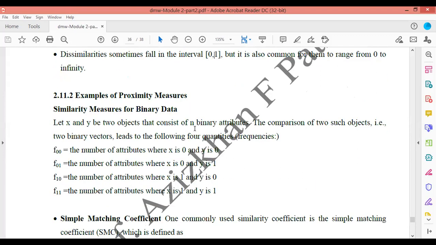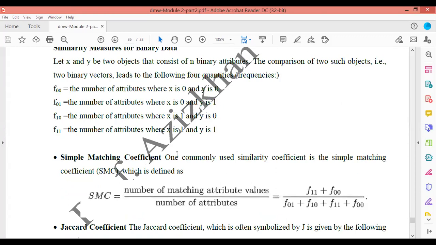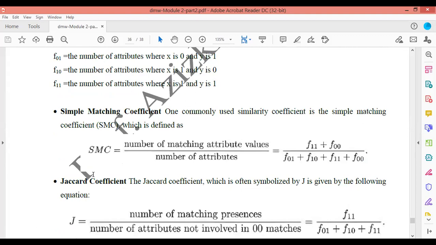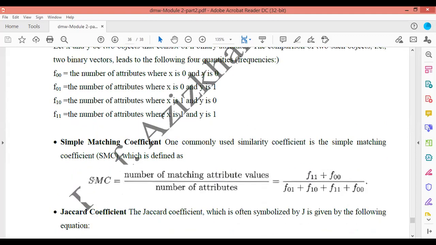Again, in this I told you some of the similarity measures, that is the simple matching coefficient and the Jaccard coefficient. You need to remember these formulas. Simple matching coefficient is the number of matching attribute values divided by the number of attributes.